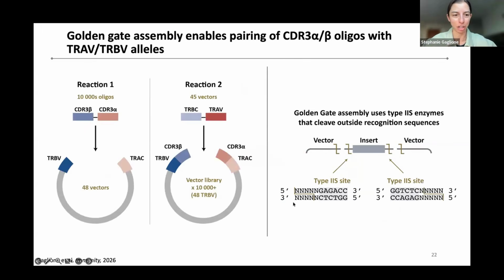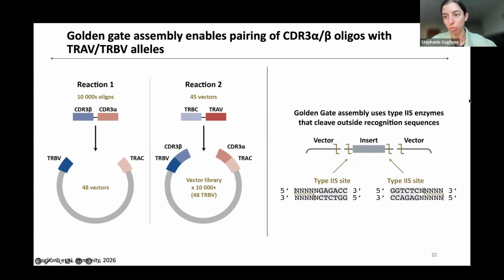Now, the mechanics behind it and how we thought about it: if you're trying to put both CDR3s, given the average lengths of human CDR3s, into vectors, then you have very little space to allow for any complementary sequences that would let you pair these oligos with vectors. And the only viable option we realized was Golden Gate.